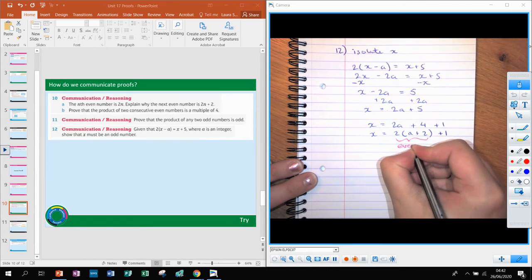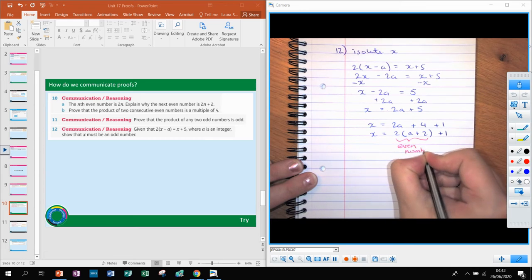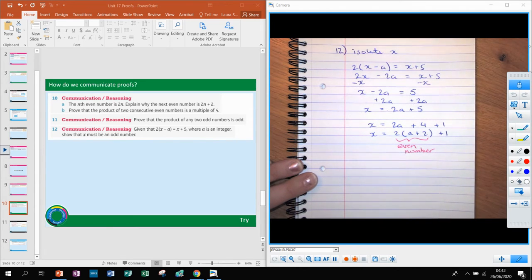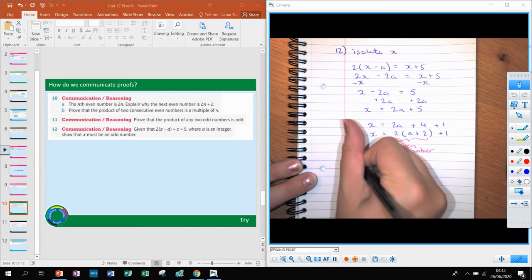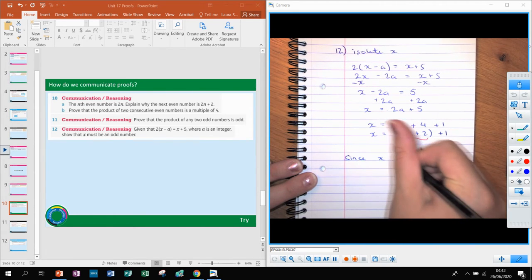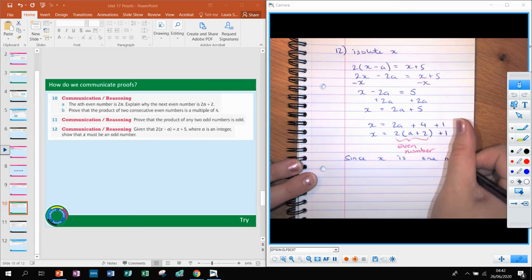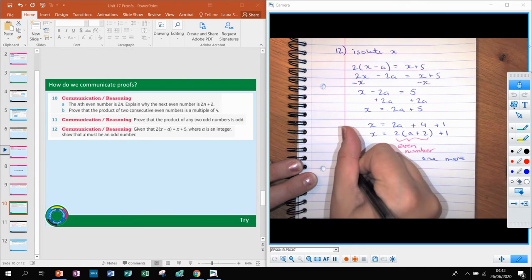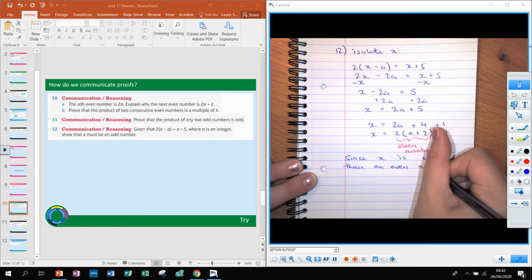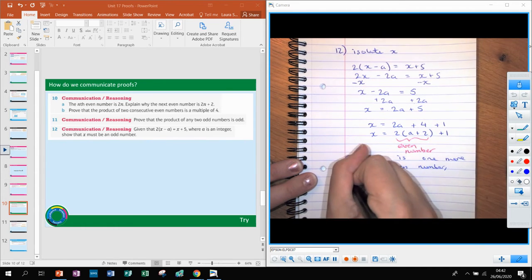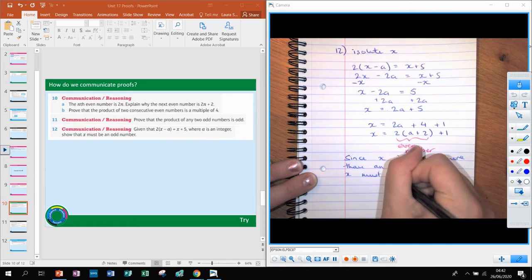So we say that that's an even number. And then we give our explanation. So since x is 1 more than an even number, x must be odd.